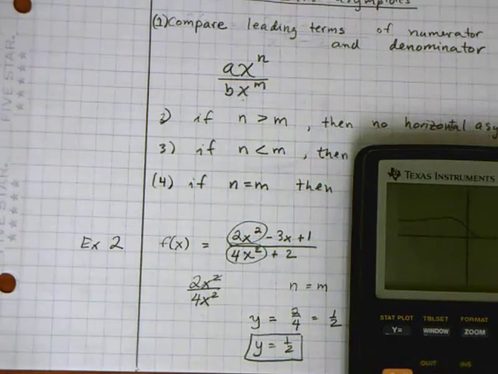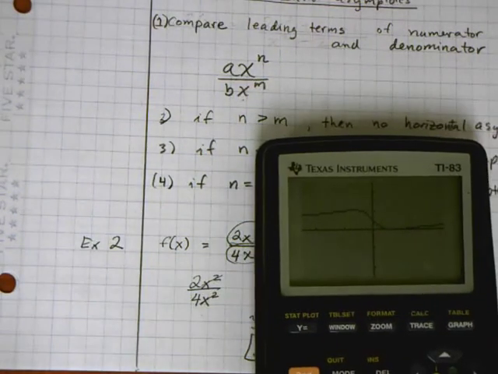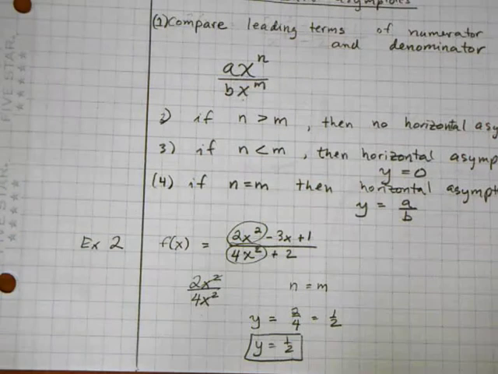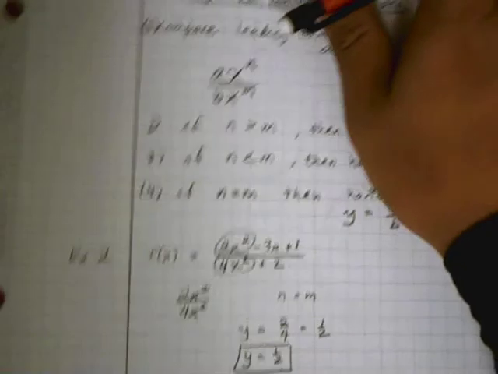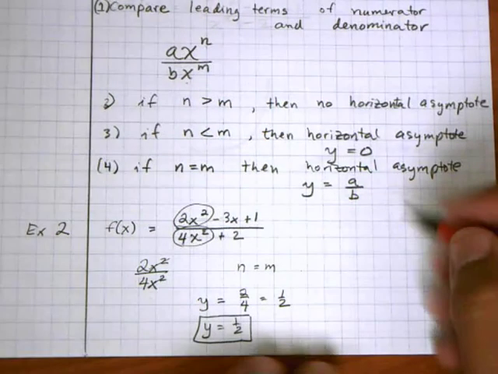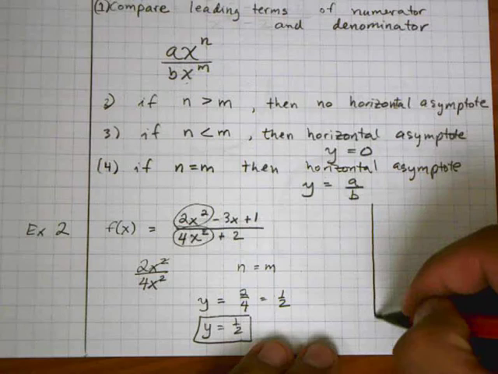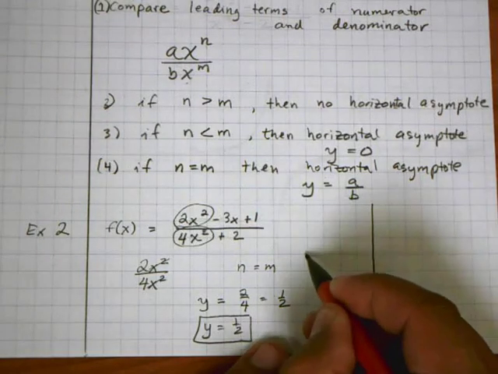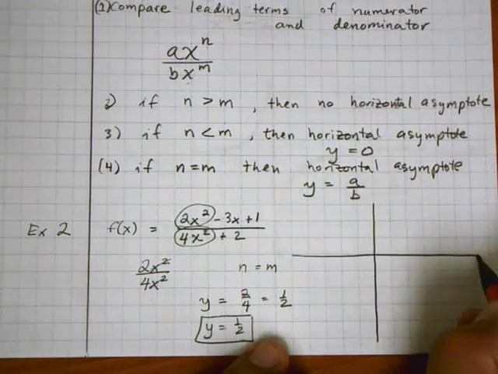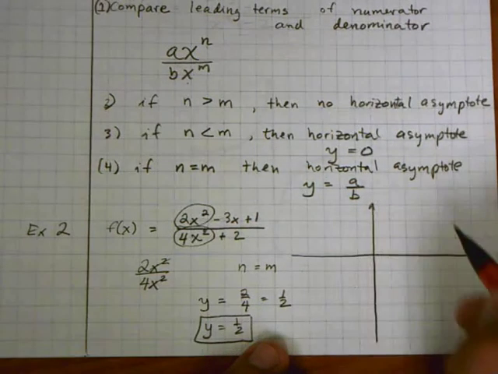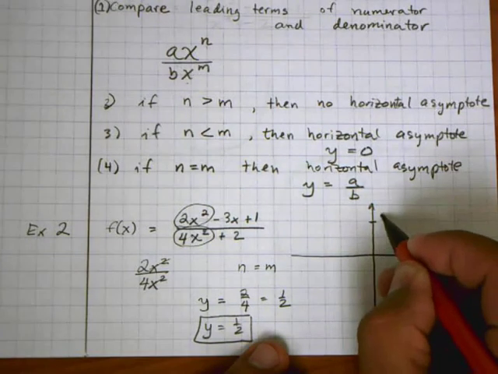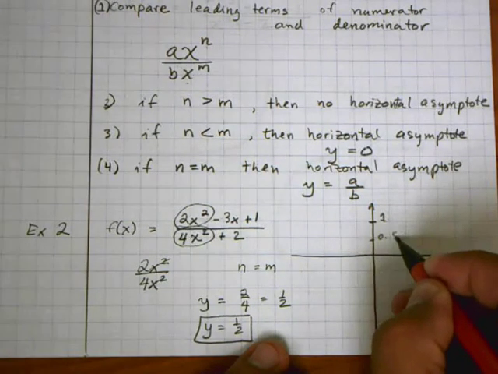And I'm gonna draw this graph. This is the complete picture of the graph. I'm just gonna draw it on the side here. This is 1, this is going to be 0.5.